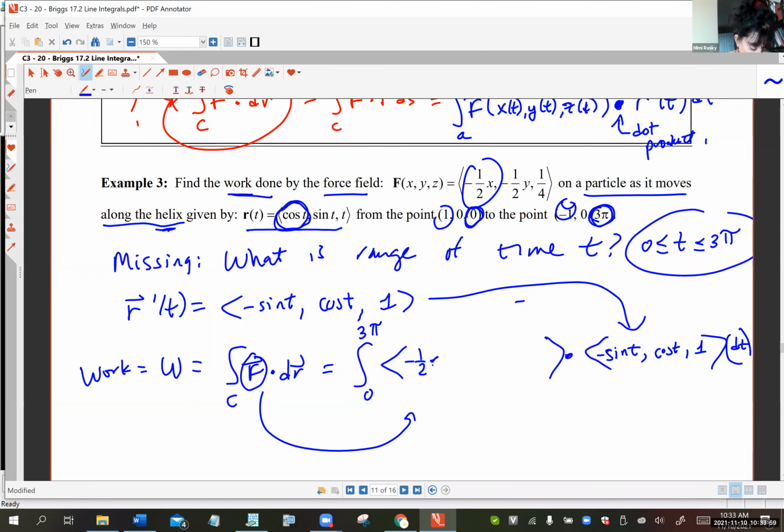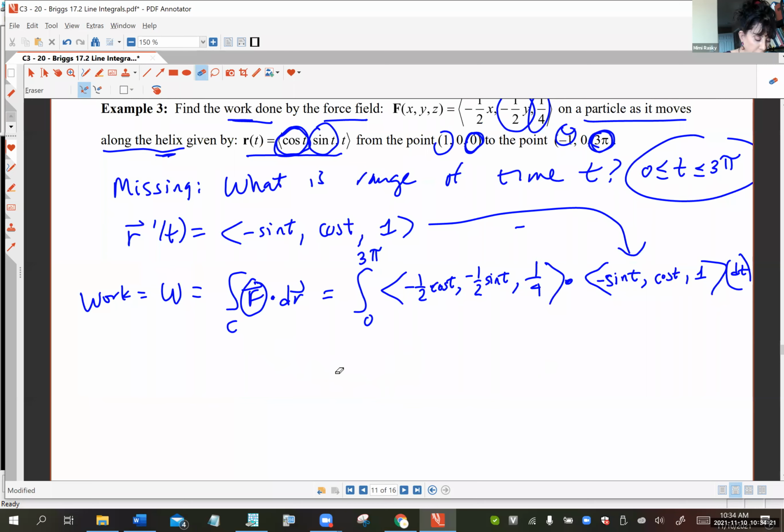So cos t, comma. Then we're going to have -1/2 y. So we're going to write -1/2 times the y component. You replace y with the y component from the curve vector valued function. And then simply 1/4. Okay, so 1/4 is just 1/4.